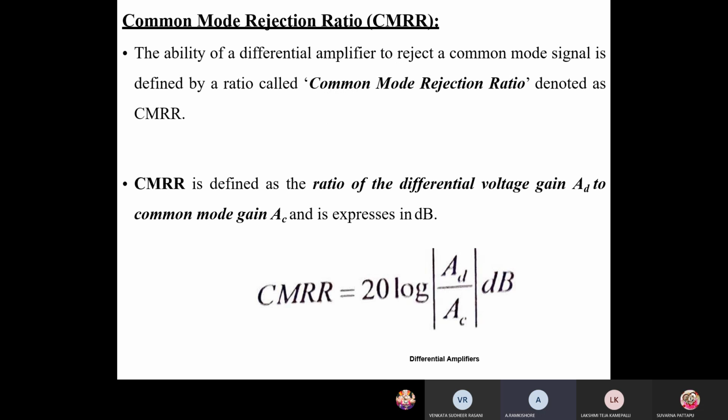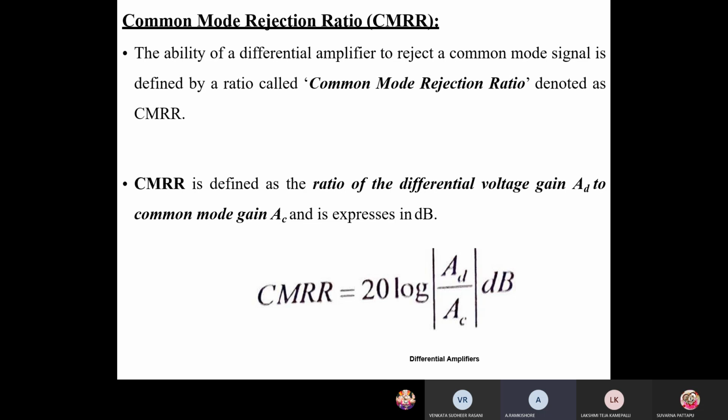Common mode rejection ratio. Here the features of the differential amplifier are: it consists of two inputs and one output, and one transistor acts as on. Due to that we have high input impedance, and it can also drive more stages, that is, a low output impedance and high bandwidth, high CMRR, high differential gain and low common mode gain.